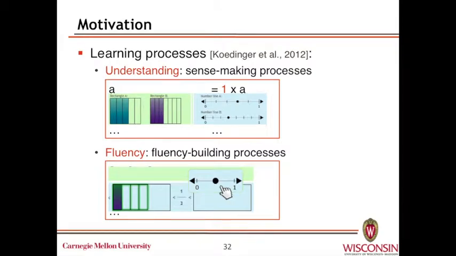And fluency building processes mean that they come to just, by relying on perceptual properties of different representations, be able to solve comparison tasks fluently without thinking about numerator and denominator separately, for example.